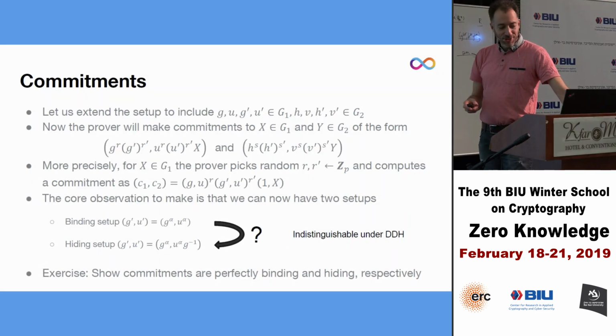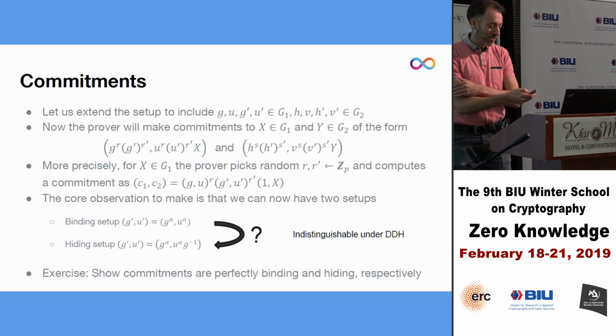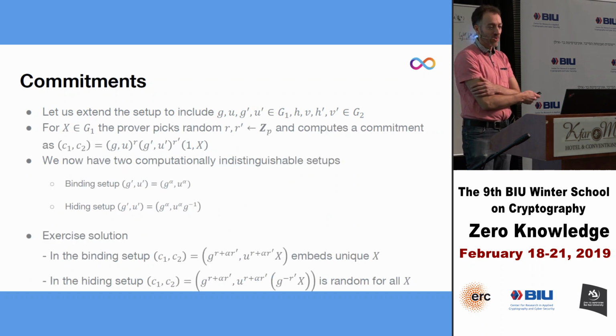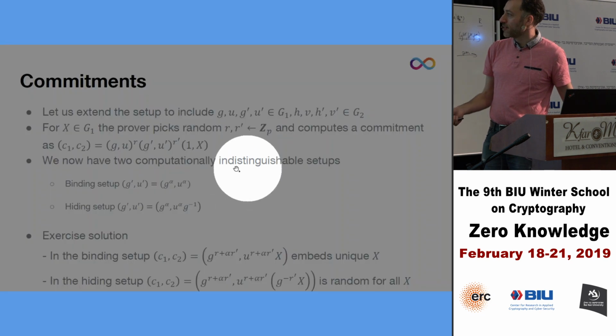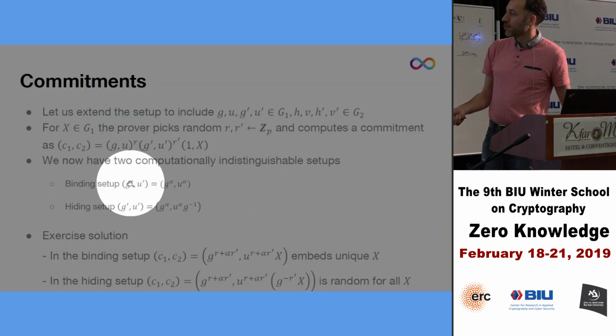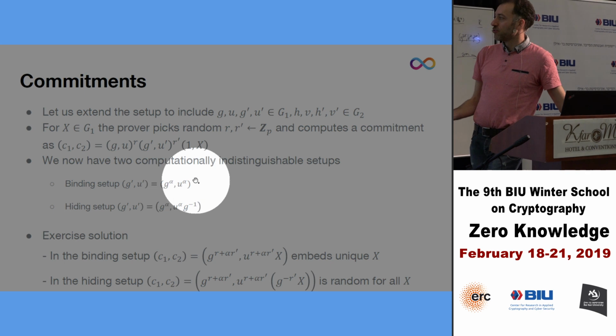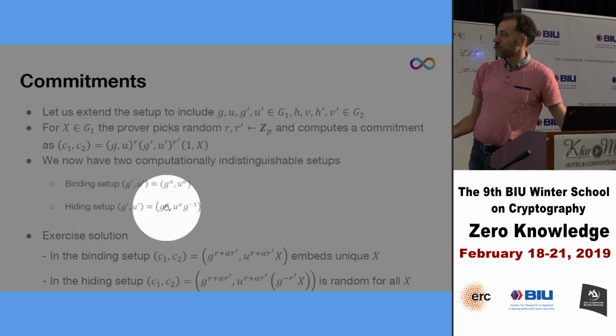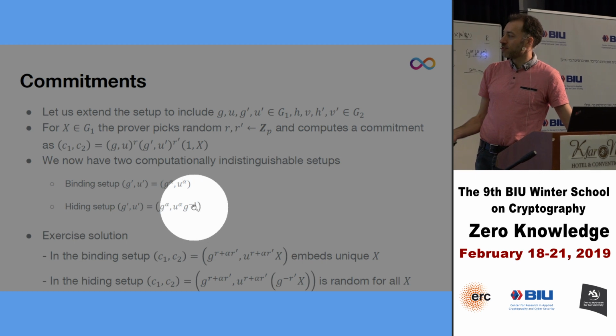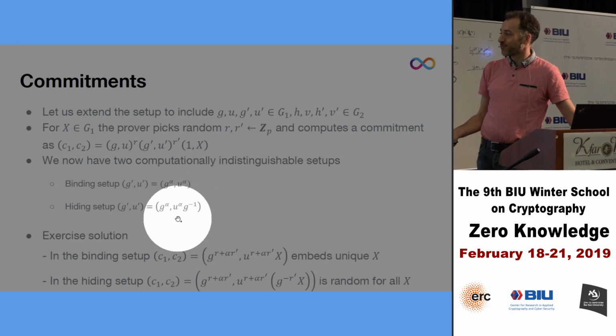Okay, so let's have a look at these commitments. Remember we have either a binding setup where G prime and U prime are G to the alpha and U to the alpha, or where G prime U prime is G to the alpha, U to the alpha, but times G inverse.